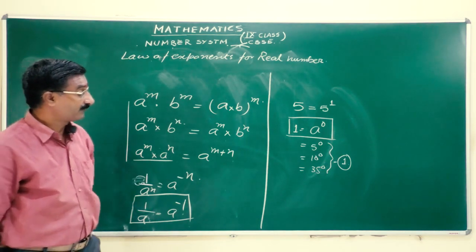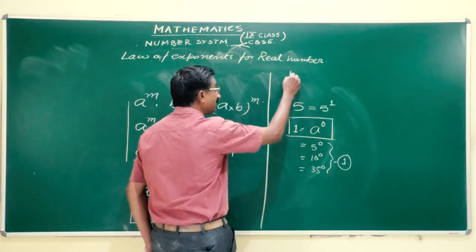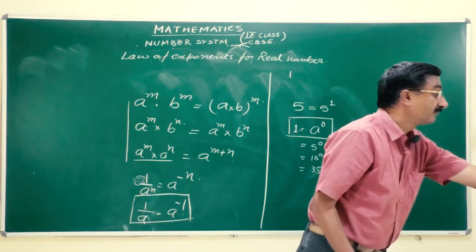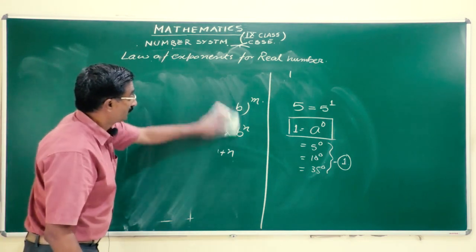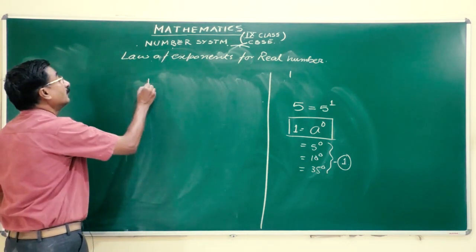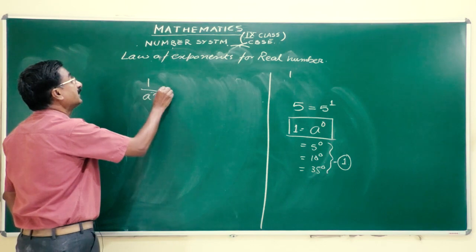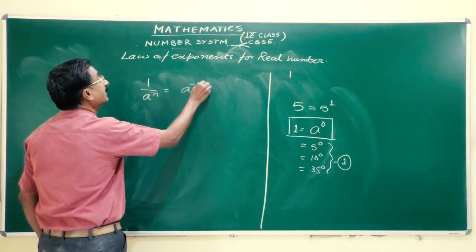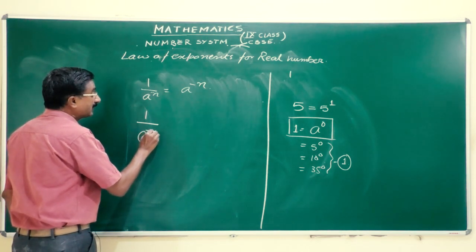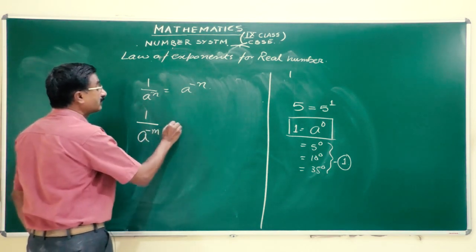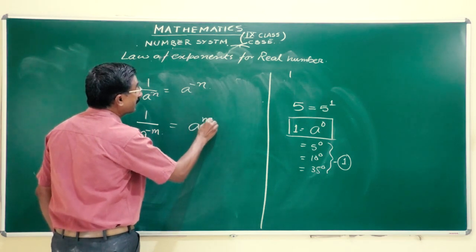Clear? If it is written like this, one upon a raised to the power n, this is equal to a raised to the power minus n. If it is written 1 upon a raised to the power minus m, this will be equal to a raised to the power m.